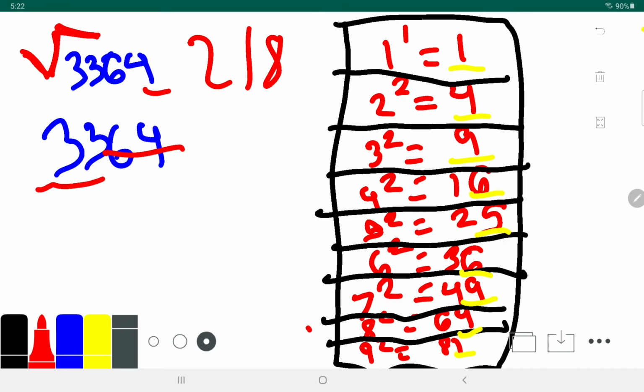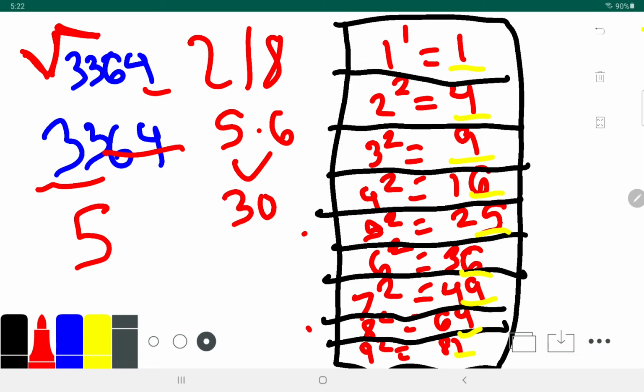Then we're going to find, again, the number that is less than but closest to that number. So we're going to find 25. So then 5 is going to be our first number. Then we're going to multiply 5 times 6, which is 30.